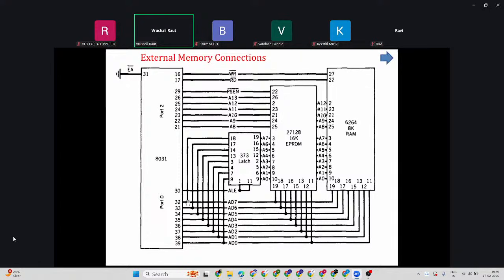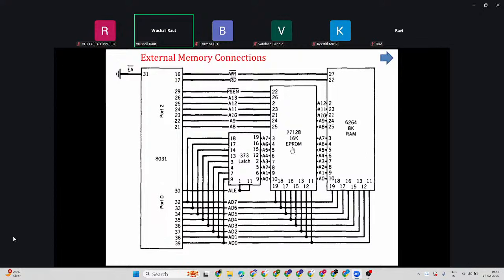Now, when we have to access external program memory, this is the external program memory, EPROM. That chip is externally connected to this microcontroller, which is equivalent to 8051; it is the lower version of 8051, the 8031. So we are accessing this program memory.